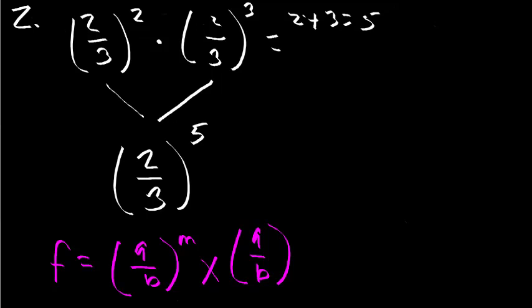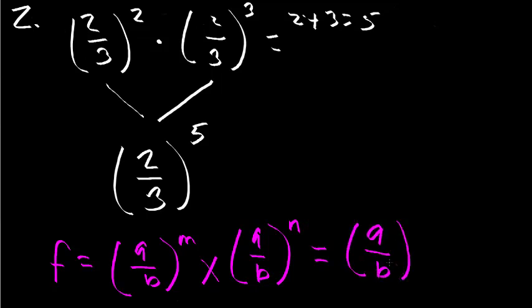You see how I have A over B here and A over B here? So whatever fraction this is, this would be the same fraction. And then the power for this fraction would be, let's say, n.